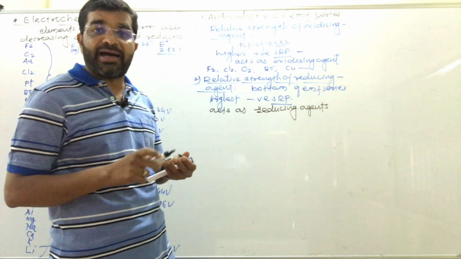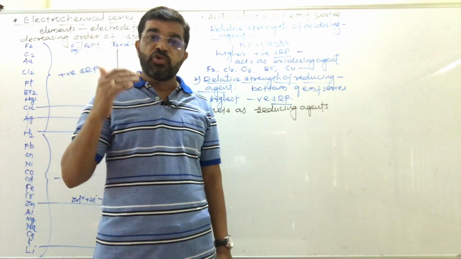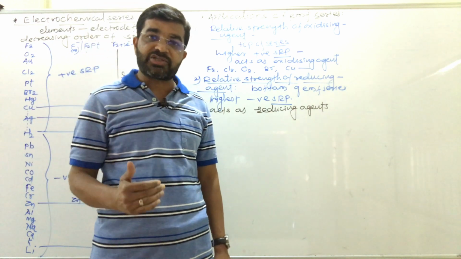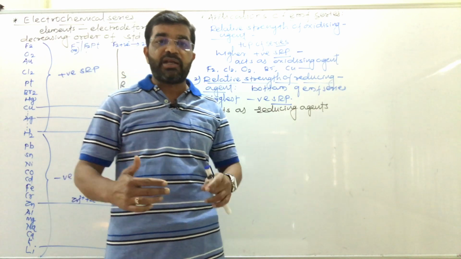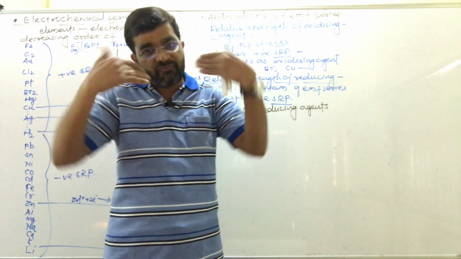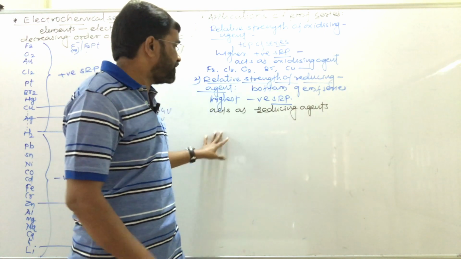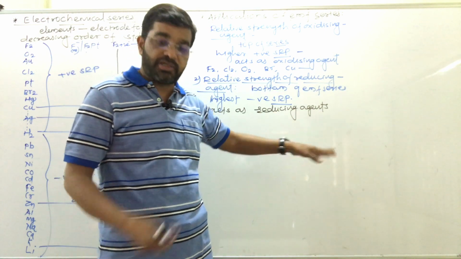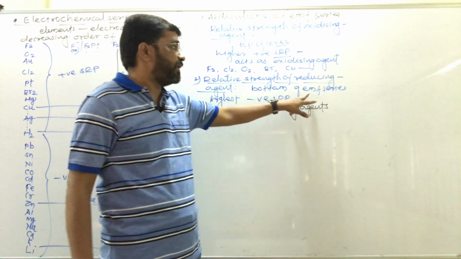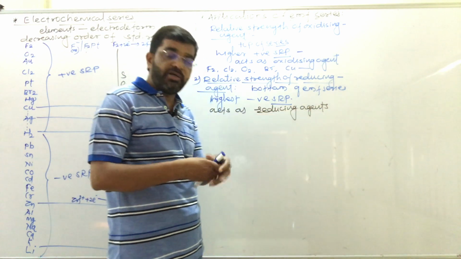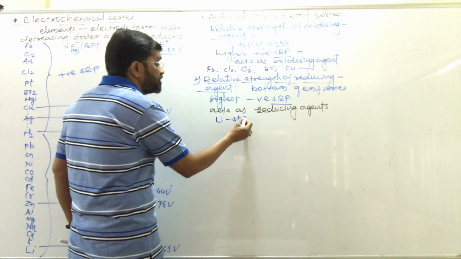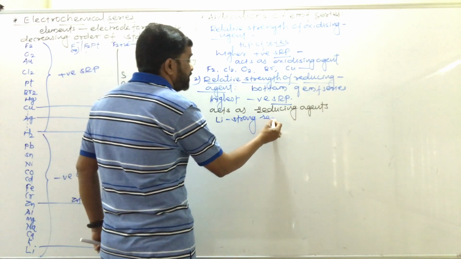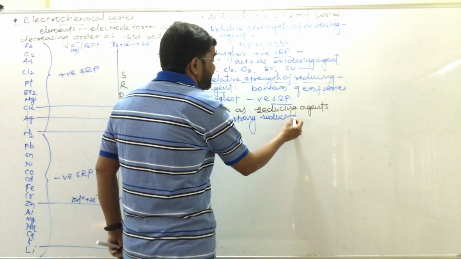These elements act as reducing agents. So elements which have the highest negative value of standard reduction potential have a tendency to undergo oxidation fast, and therefore they act as reducing agents. Therefore, elements placed at the bottom of this series, like lithium, are strong reducing agents.